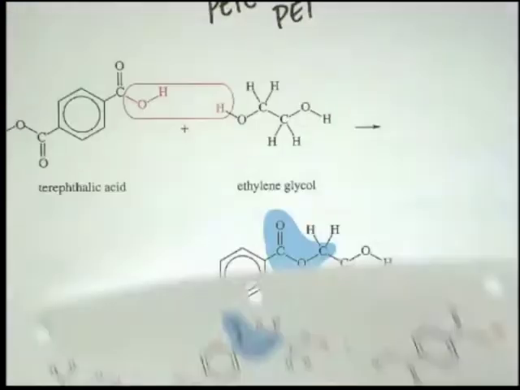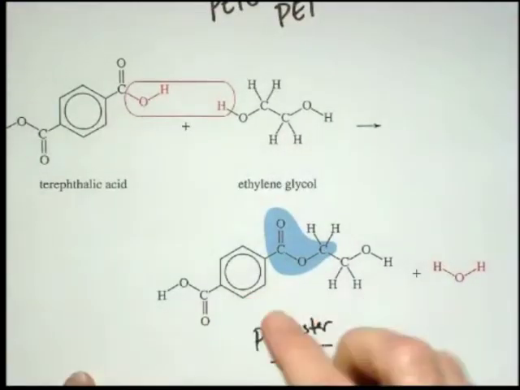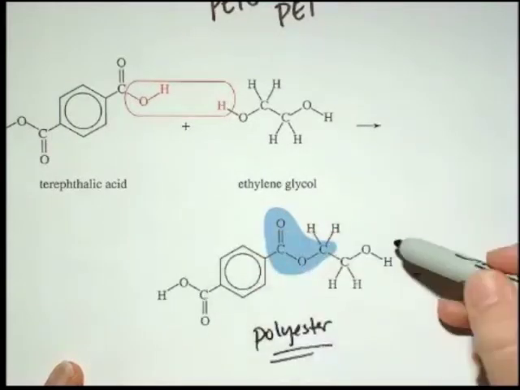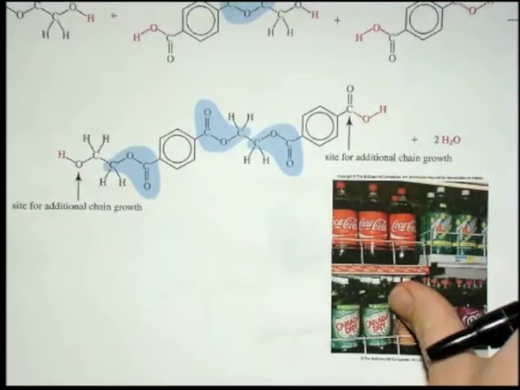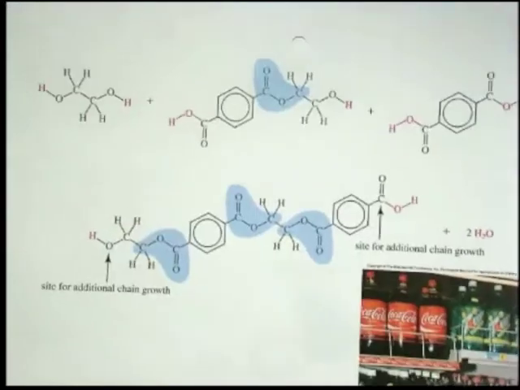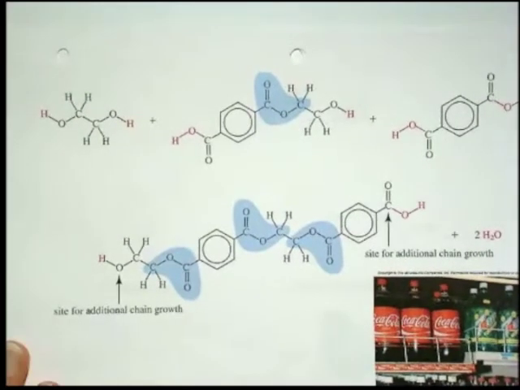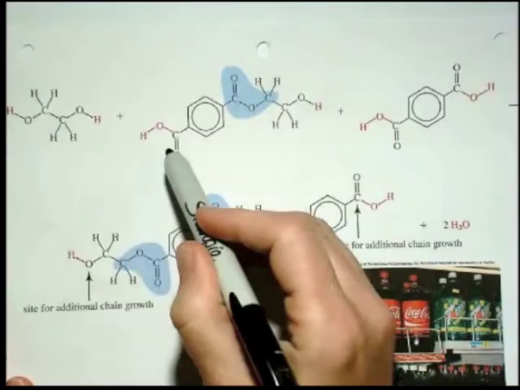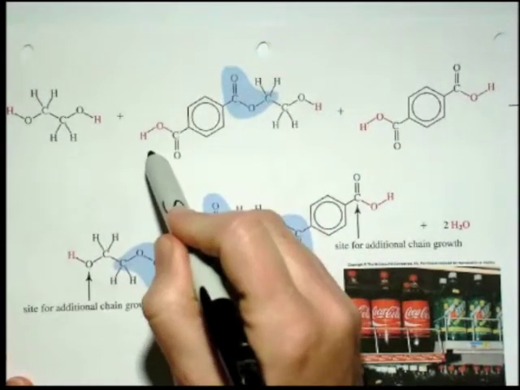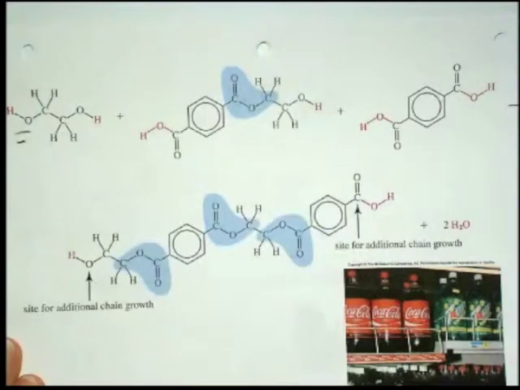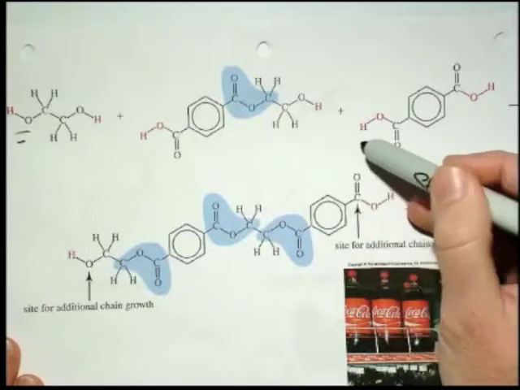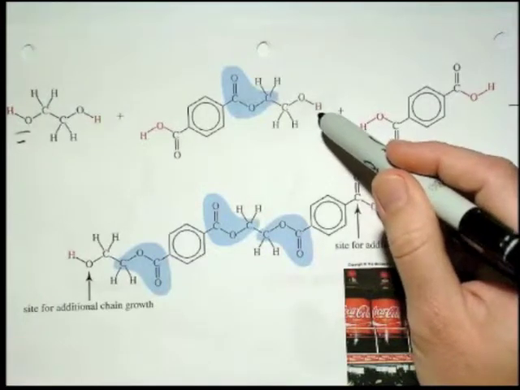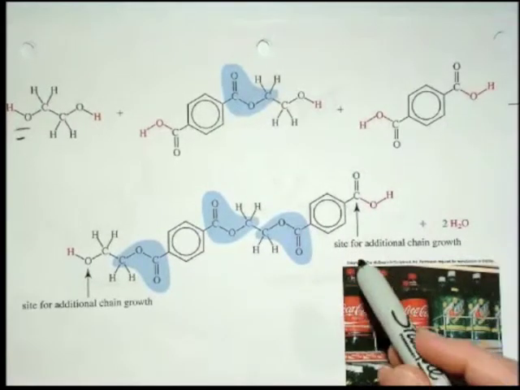After one linkage, you still have a carboxylic acid group on this end and a hydroxyl group on that end. That's why these two monomers are such great monomers for building polyesters: another ethylene glycol can add by condensation reaction to this end, and then you still have another alcohol ready for linking up to another carboxylic acid, and on this side the carboxylic acid is linking to the alcohol portion to form another ester.